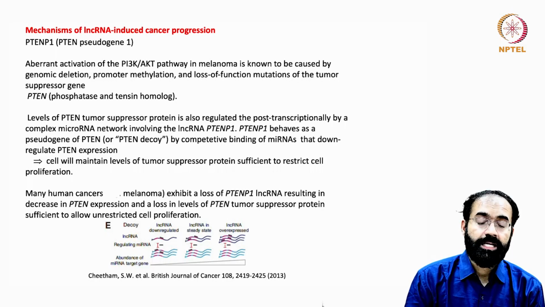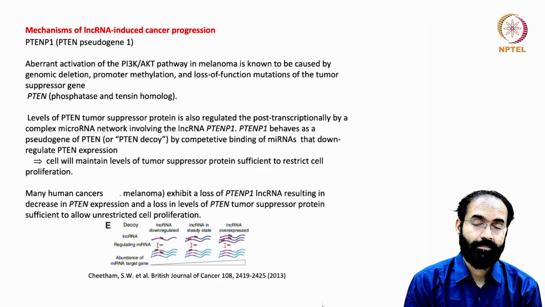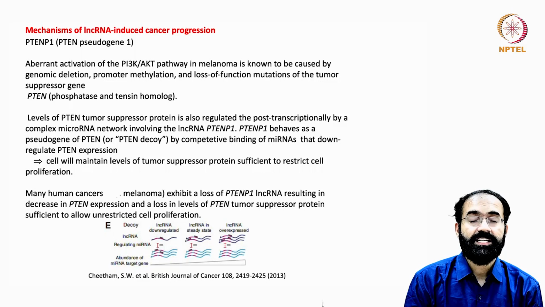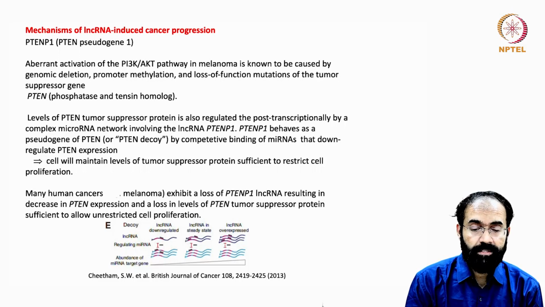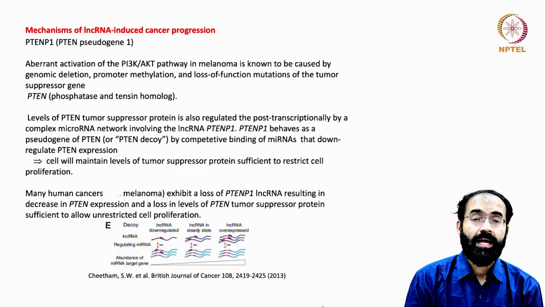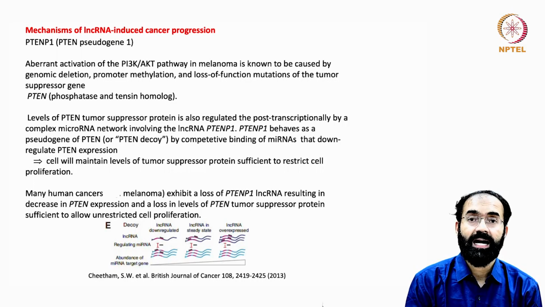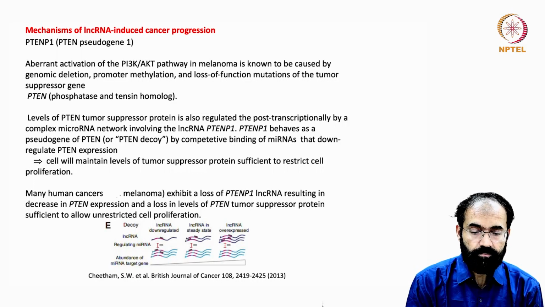So in many human cancers such as melanoma, they exhibit a loss of PTENP1. That means in cancerous conditions, they have to divide actively, quite strongly. So what actually happens is that when PTENP1 is absent in melanoma, that will lead to very aggressive cell proliferation and very aggressive cancer.